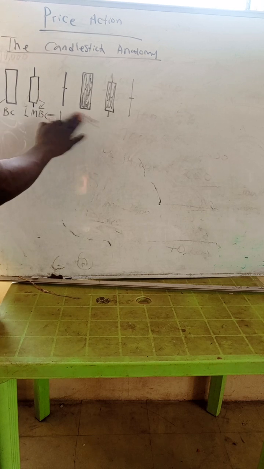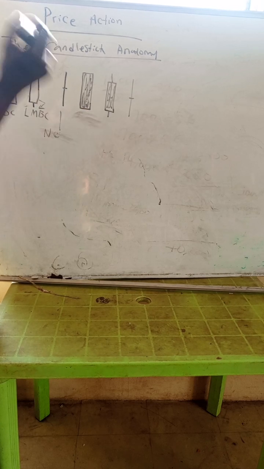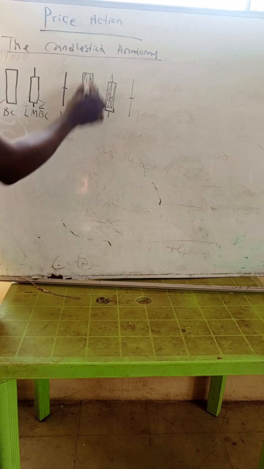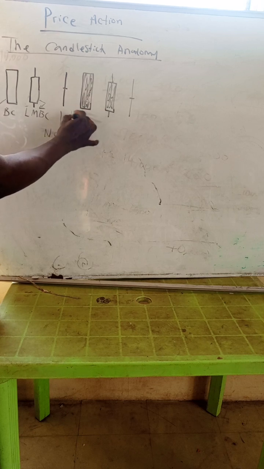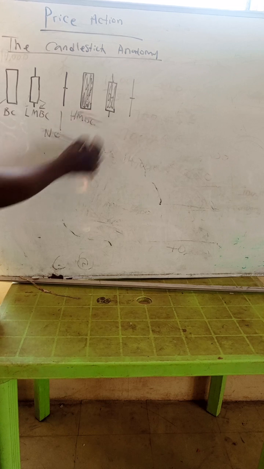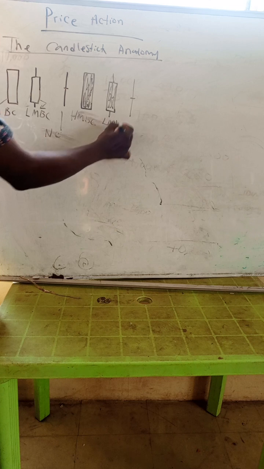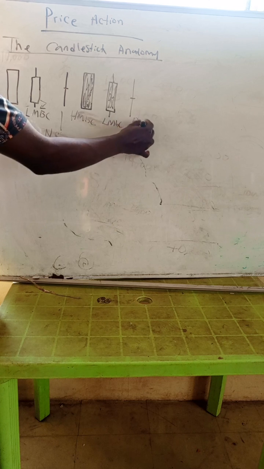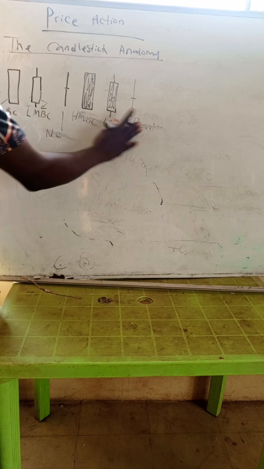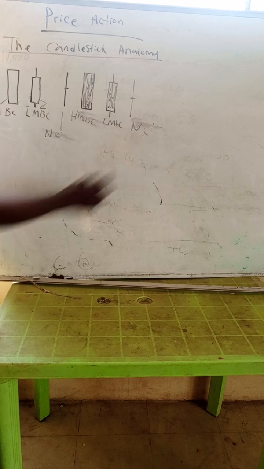For the bearish candlestick I'm going to use small letter b. So this one is a high momentum bearish candlestick, then a low momentum bearish candlestick, and a neutral candlestick, or NC.